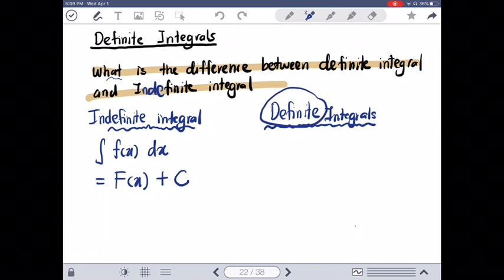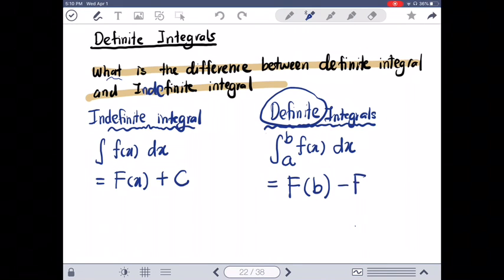But when we deal with a definite integral, there are things that we call boundaries. For example, if we integrate the function of x from a to b with respect to x, the result should be f of b minus f of a.